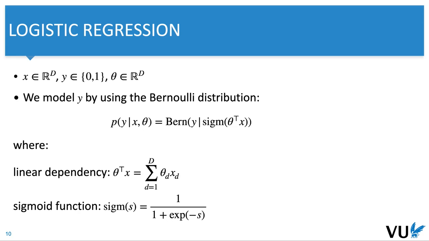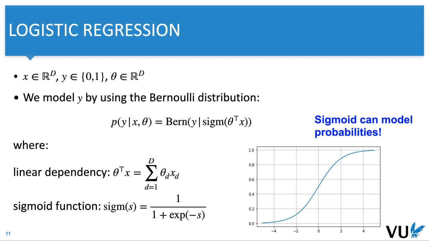Why do we use the sigmoid function? The sigmoid function can model probabilities. It squashes everything between 0 and 1, with, importantly, 0.5 in the middle, for 0. So what we do right now is that we model the probability of spam, or y equals 1, using the sigmoid function and some parameters.